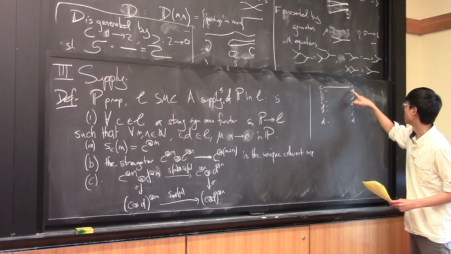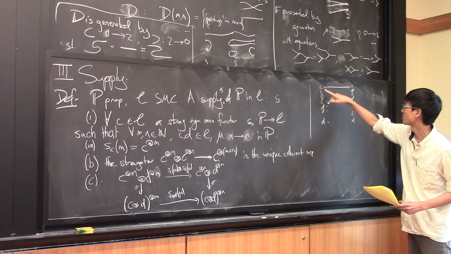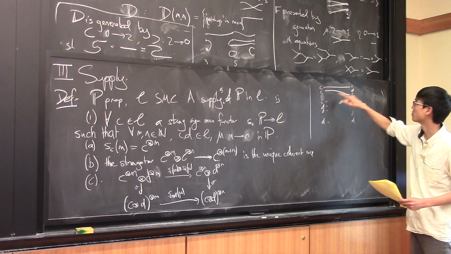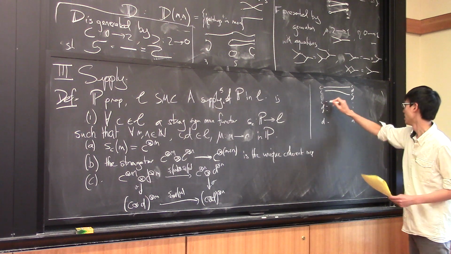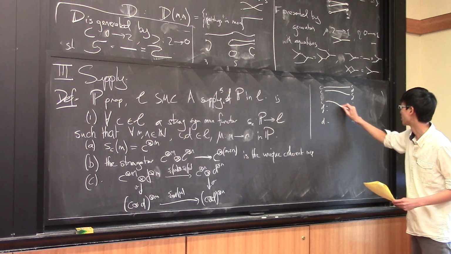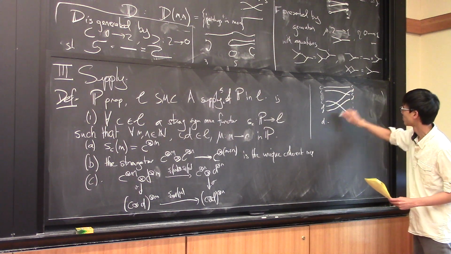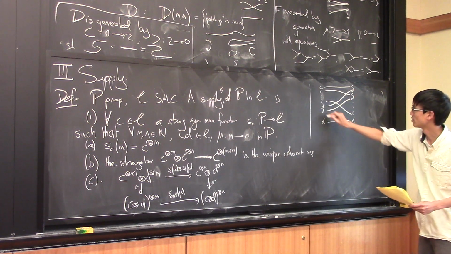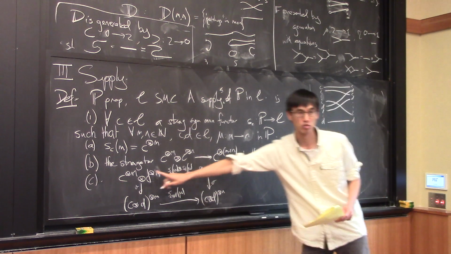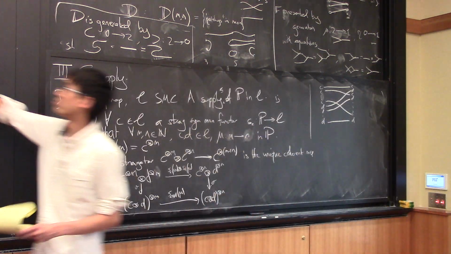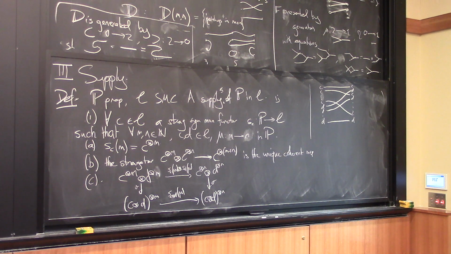So here's my first copy of C goes to my first copy of C, second copy of C goes to my second copy of C, and last copy of C goes to my last copy of C, and similarly for the copies of D. So that's what these sigma maps look like. So you'll note that this sort of braiding here is an example of a sigma map where I started with A, B, B, and I went to A, B, A, B.